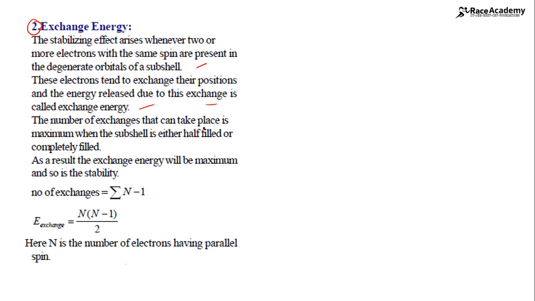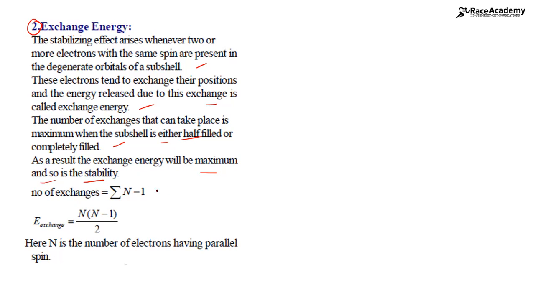The number of exchanges is maximum when the subshell is either half filled or completely filled. This is the most important point. As a result, the maximum exchange energy gives maximum stability to the atom.